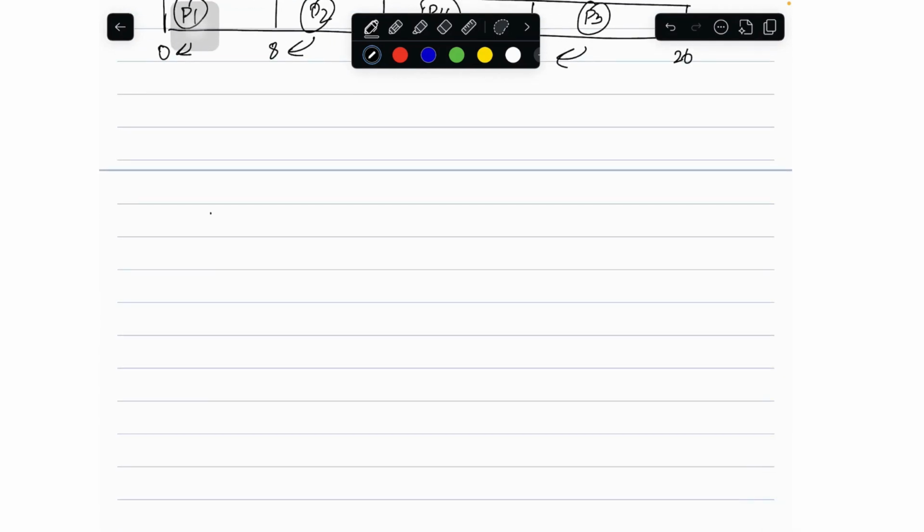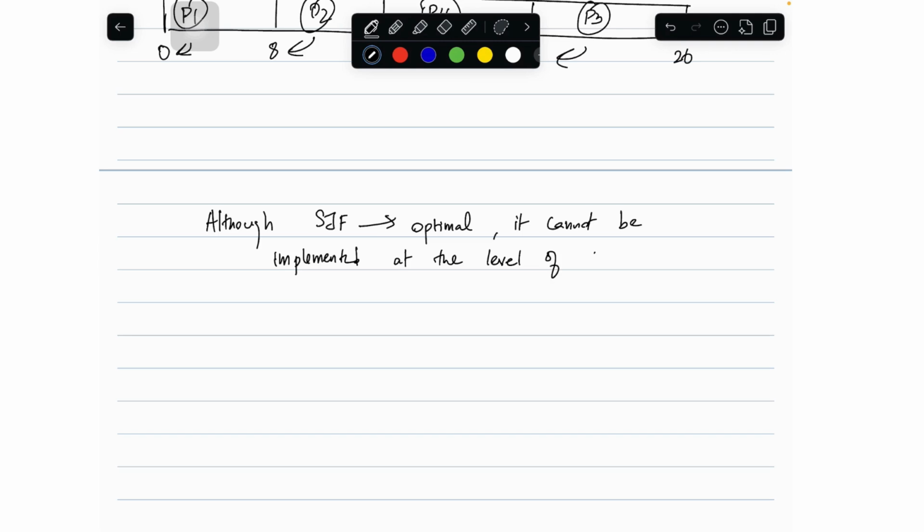Now, although shortest job first is optimal, it cannot be implemented at the level of short-term CPU scheduling.